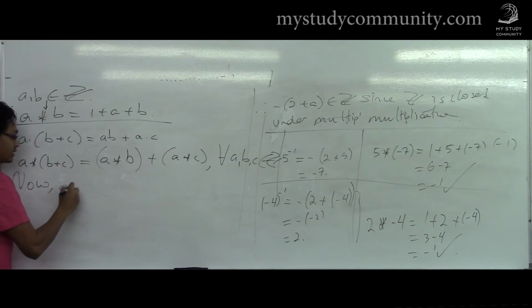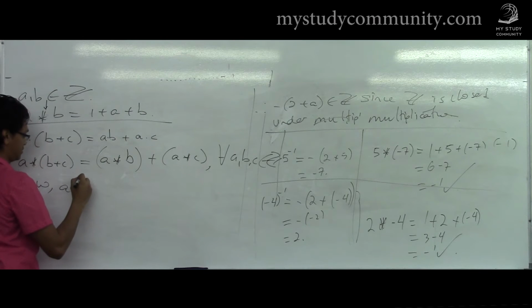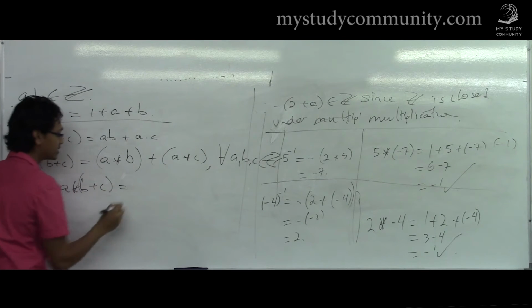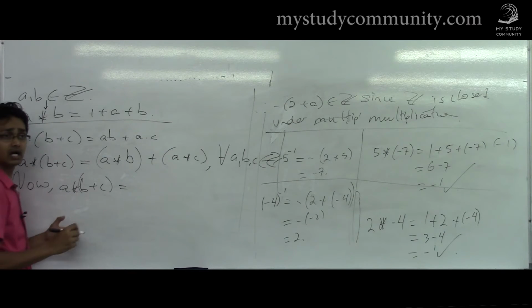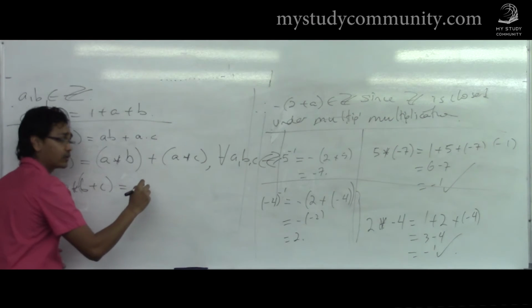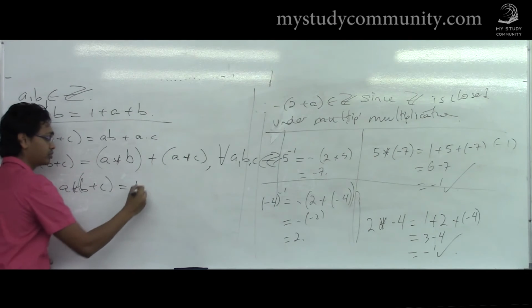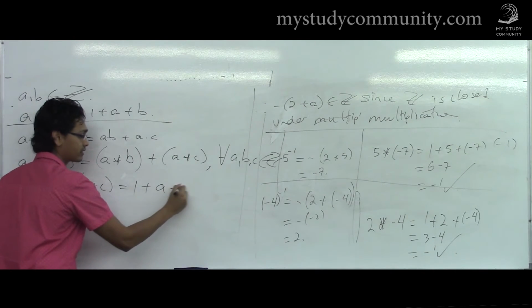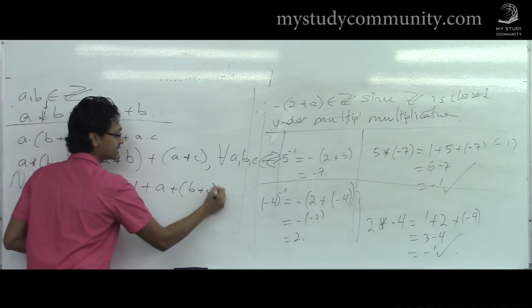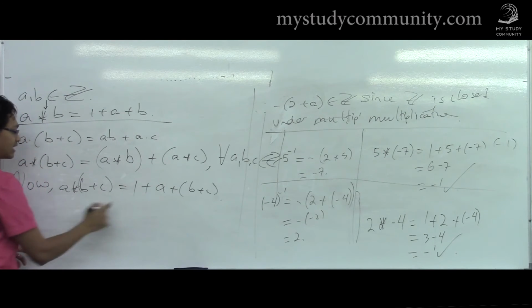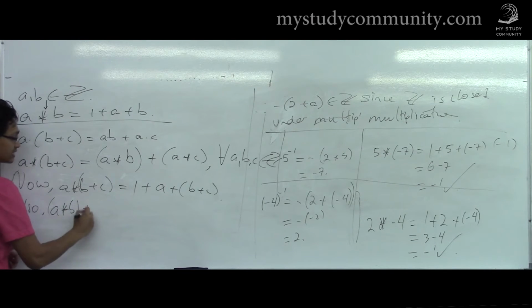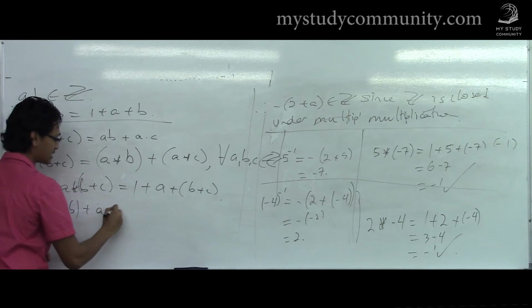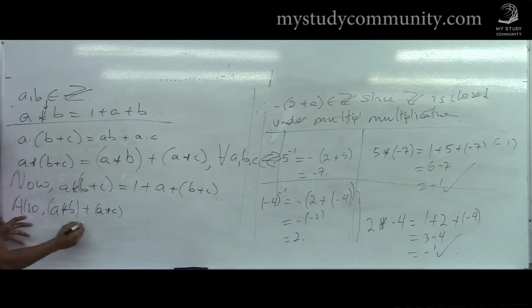So now A star (B plus C) is equal to, anybody? All at once? 1 plus A plus B plus C, yes? And we can leave that like that. Also, A star B plus A star C, I'll just put it at the bottom here.